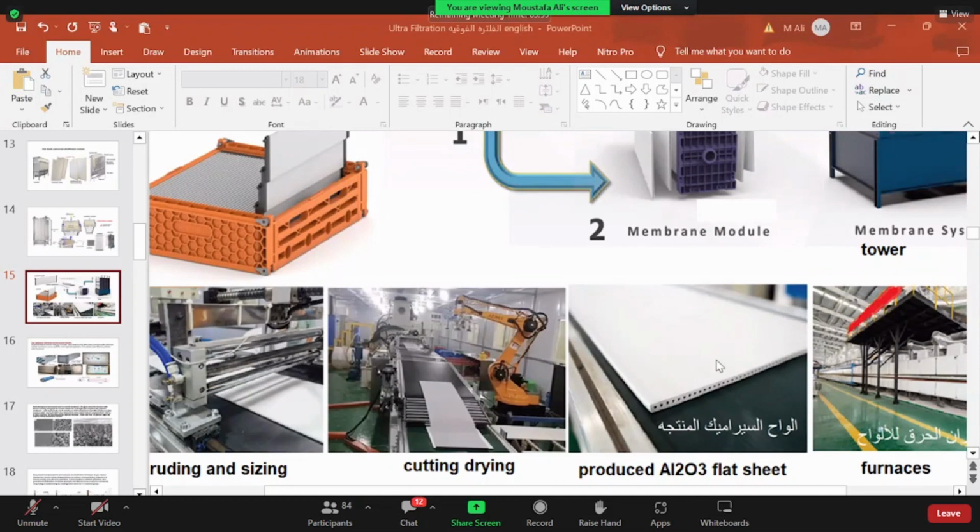It will not be damaged. The opposite is silicon carbide, which is very brittle, and too many precautions should be considered during the transportation of these modules and plates. So we should consider this in handling both types of flat sheet ceramic membranes.